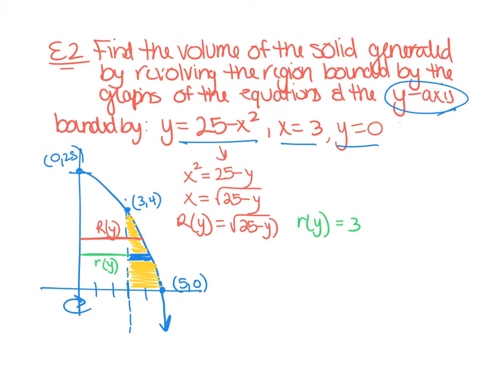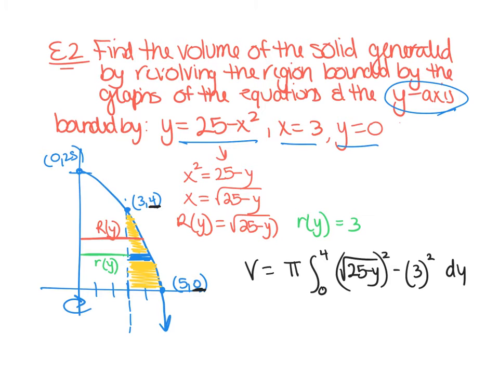And remember, for your boundaries, when we go to set up our volume, it's your lowest y to your highest y. So this is going to go from 0 to 4. You're going to have your capital R of y, your larger of the two radii, squared, minus your smaller of the two radii squared, in the direction of dy. Again, if this problem is just about the setup, at this point you can plug this into your calculator, math 9.